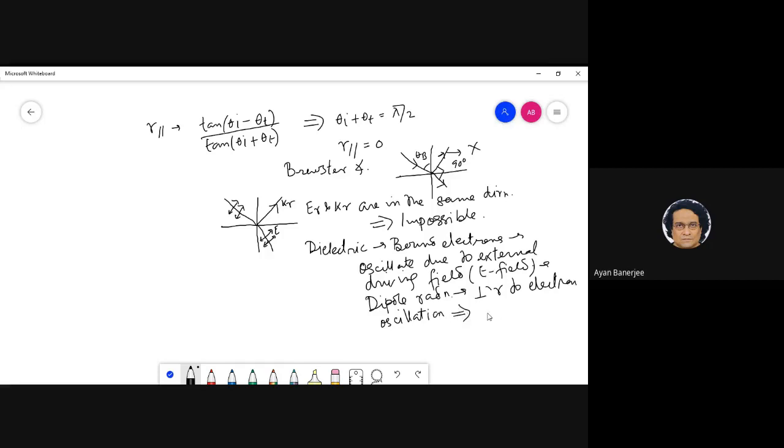This implies that for the reflected wave at the interface, the vibration of electrons is in the same direction as the transmitted field, which is basically impossible.